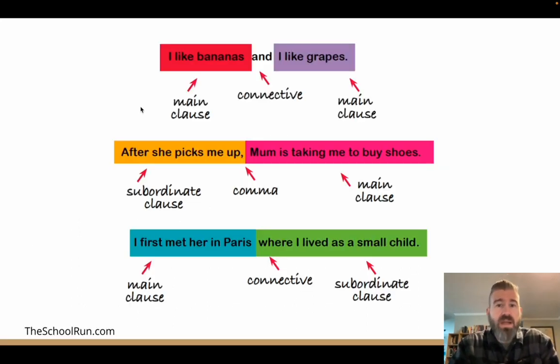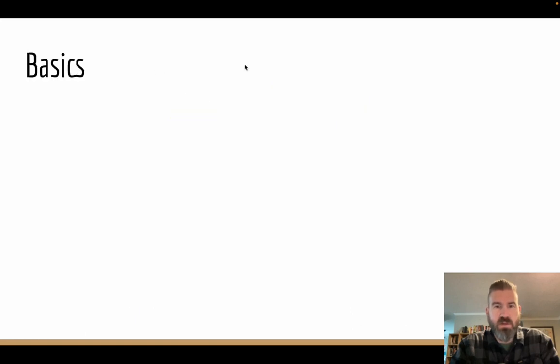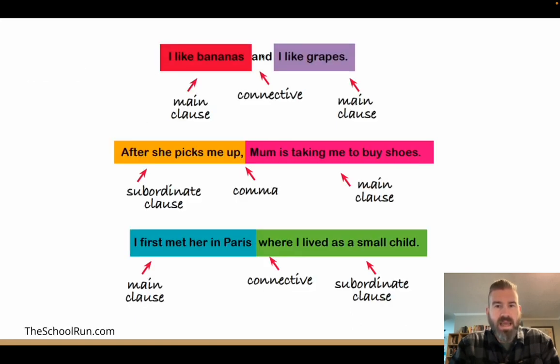Now, if you're not quite sure yet, it's something like this. A clause is a unit that can be a sentence. I like bananas, period. And I like grapes, where the "and" conjunction is a connective word. Or I can have a subordinate clause and a main clause.